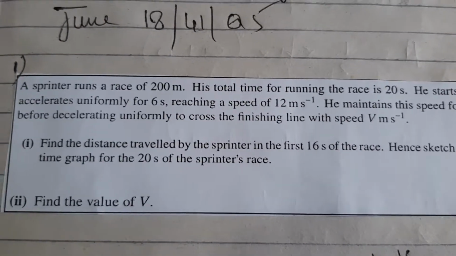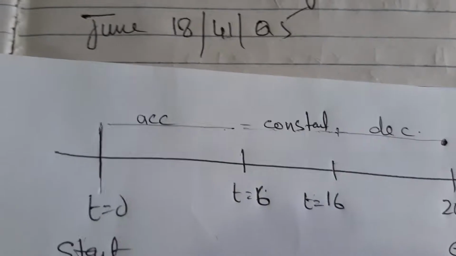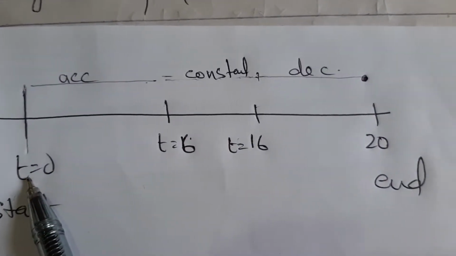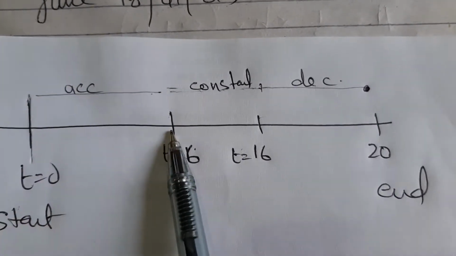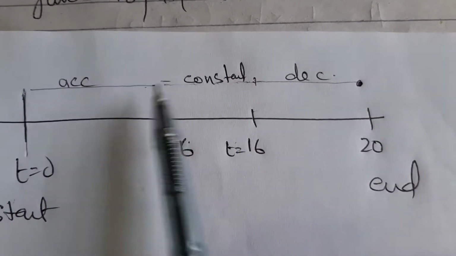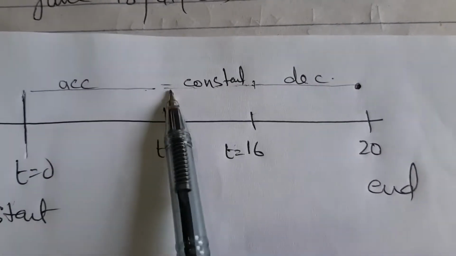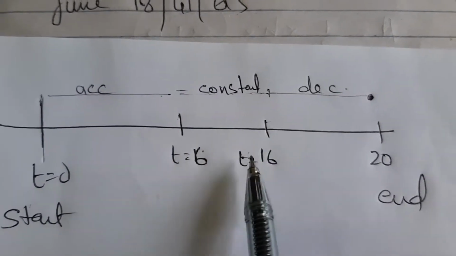If I show you this whole description on a trajectory, it will be something like this: he starts at 0 seconds and ends at 20 seconds. For 6 seconds he is accelerating and reaches the velocity of 20 meters per second. Then at this velocity he moves with constant speed for the next 10 seconds.